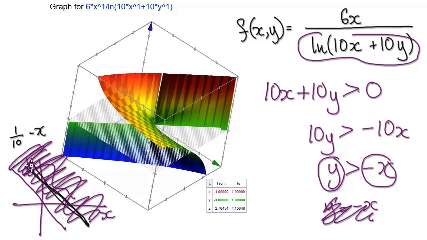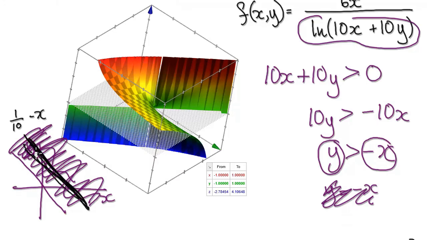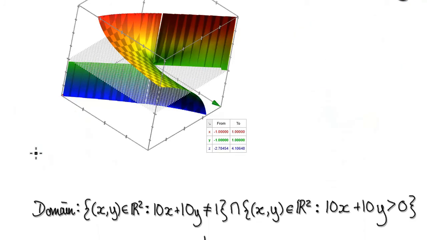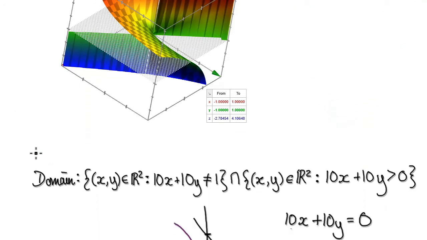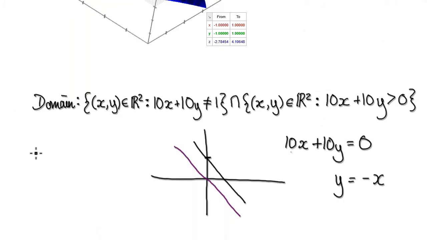Union with the fact that it cannot lie on this line. Okay, so the domain can be written as this. Everything over on this side is okay, but make sure it doesn't lie on top of this line.